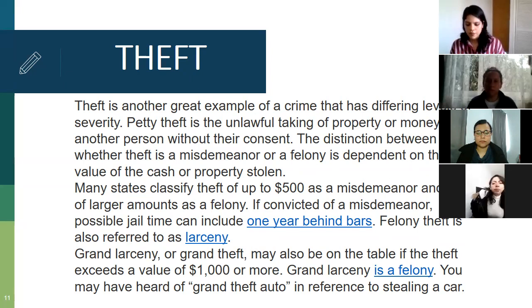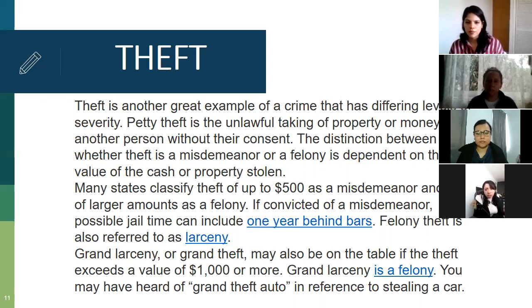Yes, yes. Theft is another great example of a crime that has different levels of severity. It involves taking money or property from another person.